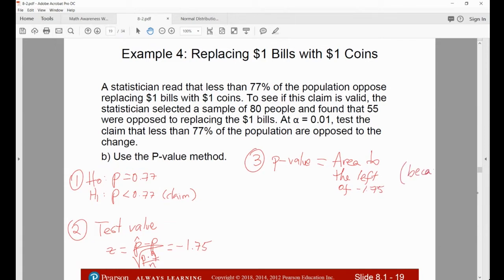And that's because the test is a left tail test. If the test is a right tail test, the p-value will be an area to the right of the test value. So graphically, we're going to have negative 1.75 here. So the p-value will be equal to this area.